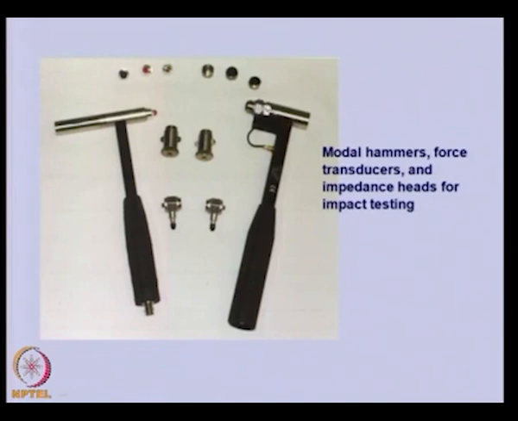The advantage is that the particular impulse we are giving to the machinery can also be measured, because a force measurement sensor is attached here. For the tip of the hammer, we can have a variety of tips like rubber tip, aluminum tip or steel tip, and depending upon what kind of frequency range we want to impart, these tips can be chosen.